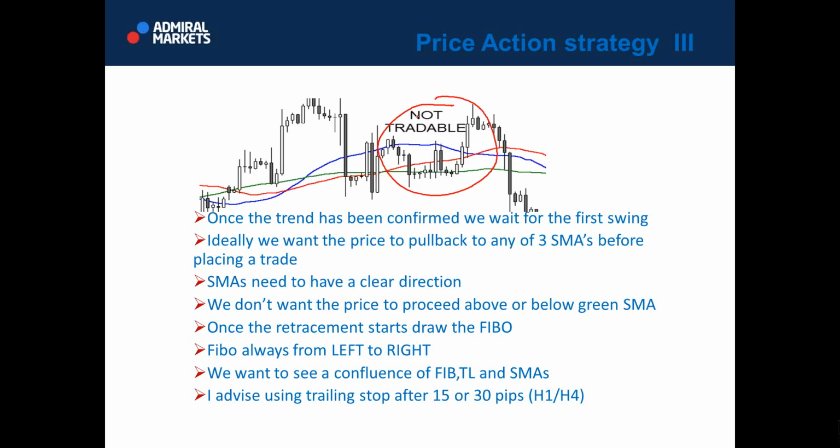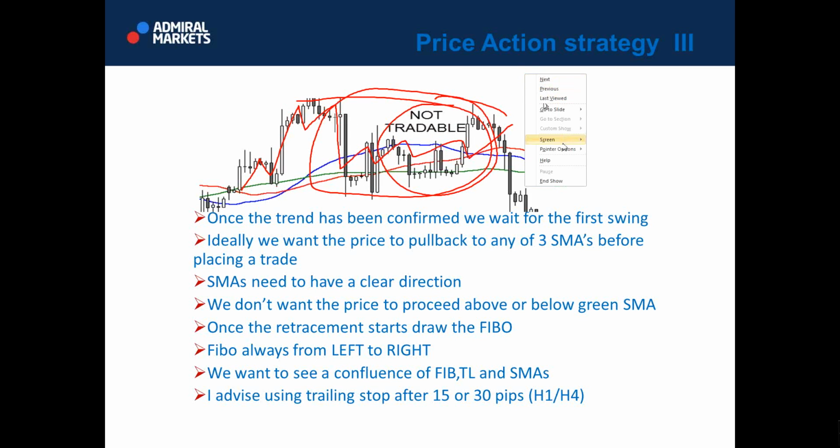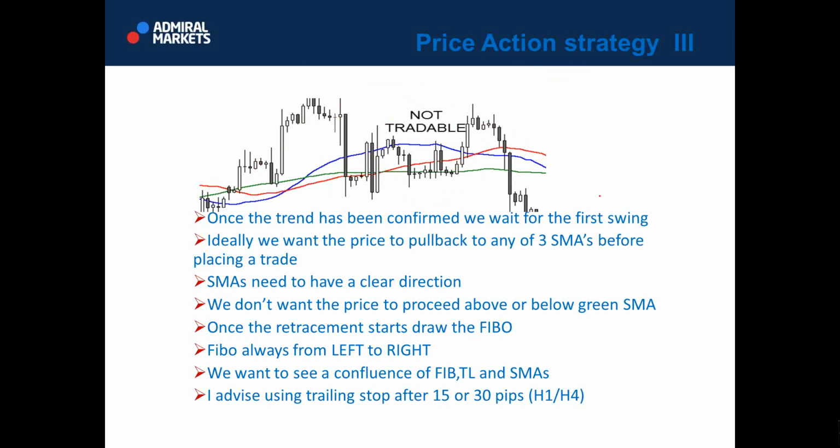So basically, you will see the intertwining of these SMAs, and when you see that, that means that the market is going sideways. As you can see here, it's going sideways, and you don't trade that pair. So you can move to another pair and trade it.